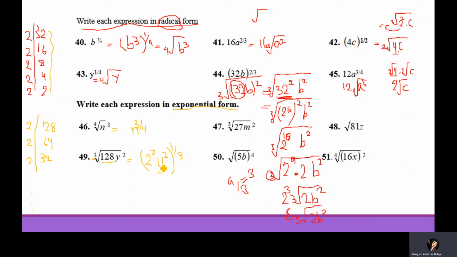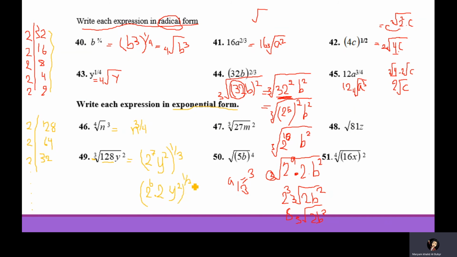But before I distribute the power, I'll play with this one. How can I play with this one? I'll say this is 2 to the power 6. Can I separate them like this? Times 2, which is overall will give me that, times y to the power 2. All this to the power 1/3.